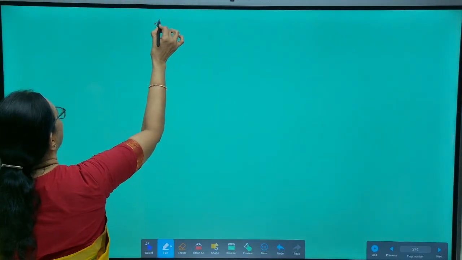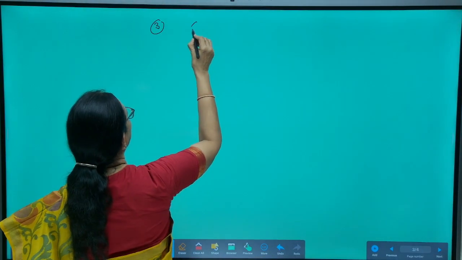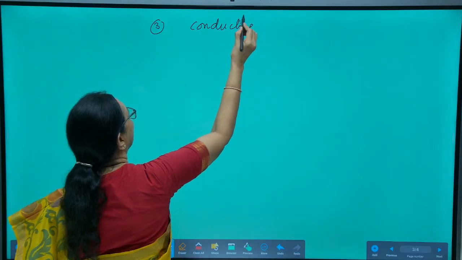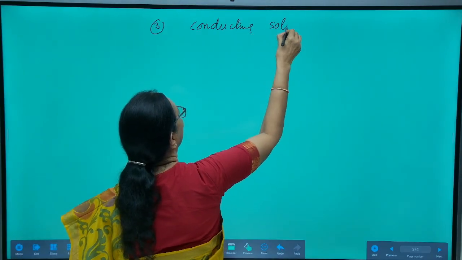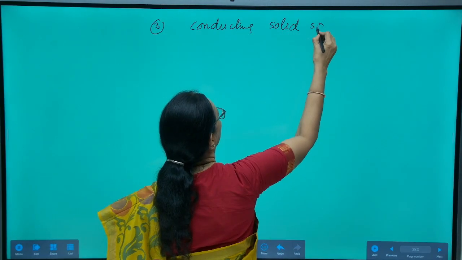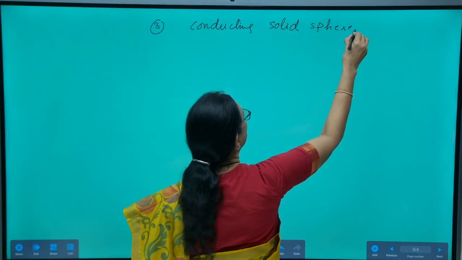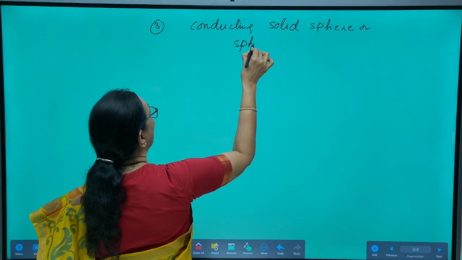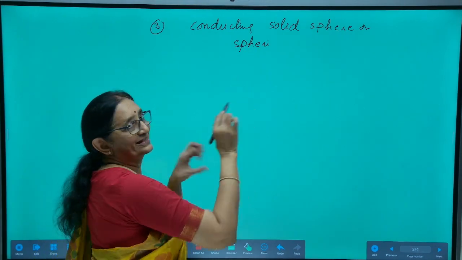And now, let us go to a conducting solid sphere. Conducting solid sphere or spherical shell, both mean the same in this context.